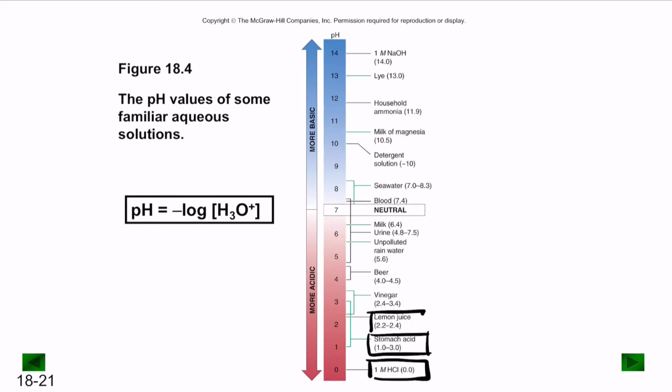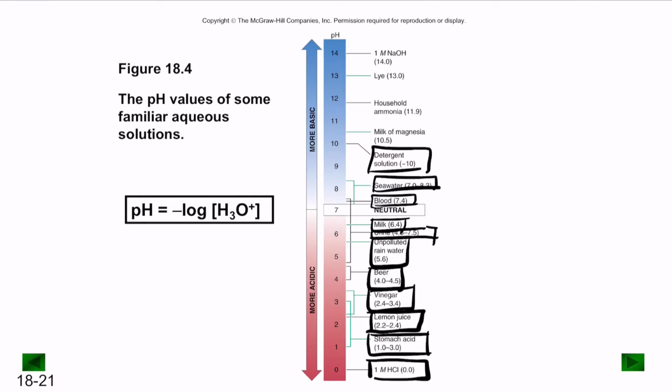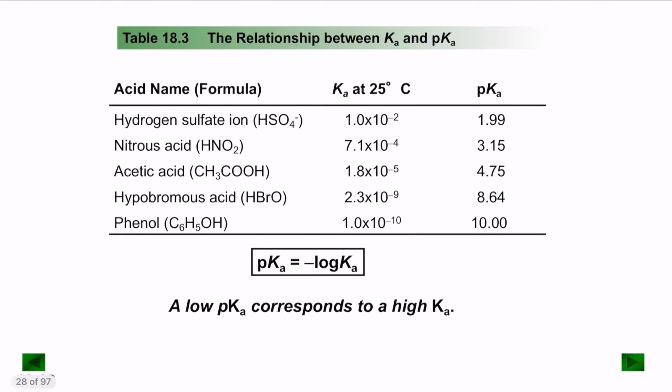Lemon juice has about 2.2 to 2.4, vinegar 2.4 to 3.4, beer 4 to 4.5, unpolluted rainwater 5.6, urine 4.8 to 7.5, milk around 6.4, and a pH of 7 is neutral, as in distilled water. Blood is at 7.4, seawater 7 to 8.3, detergent solution up to 10, milk of magnesia up to 10.5, household ammonia 11.9, lye 13, and 1M NaOH is about 14. So these are the household items and their pH values.